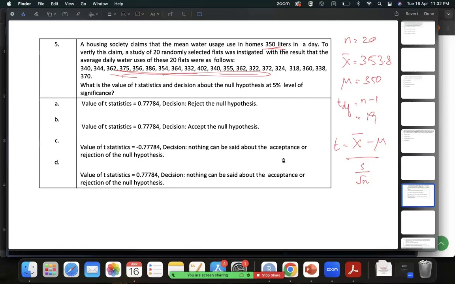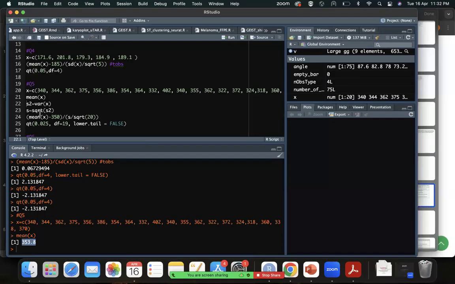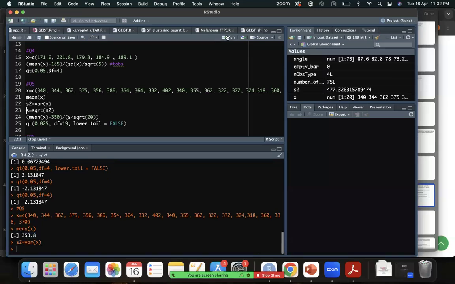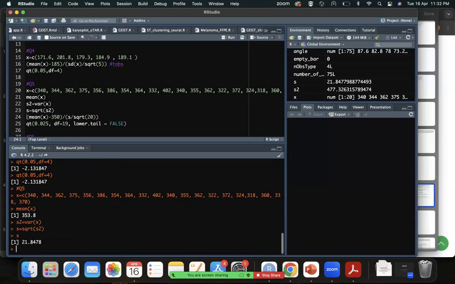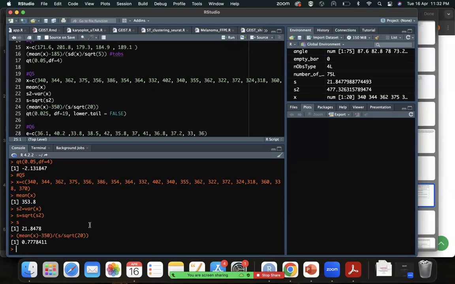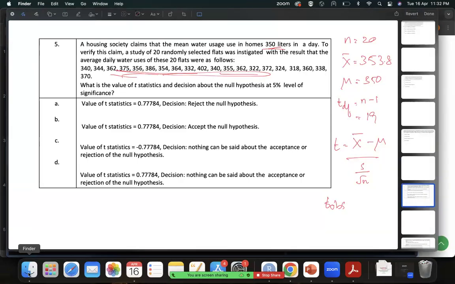S can also be calculated with R, you can just directly do an SD of x. So s is 21.847. You substitute all these in the formula x bar minus mu by s by root n, and you get 0.77. So T observed is equal to 0.777.